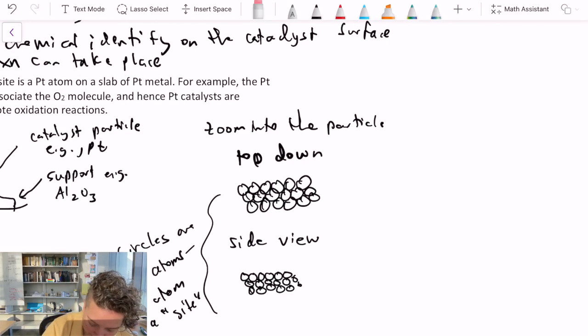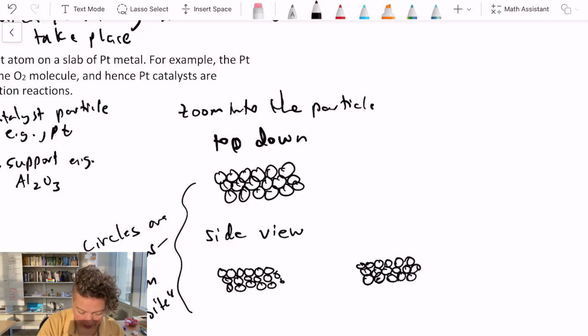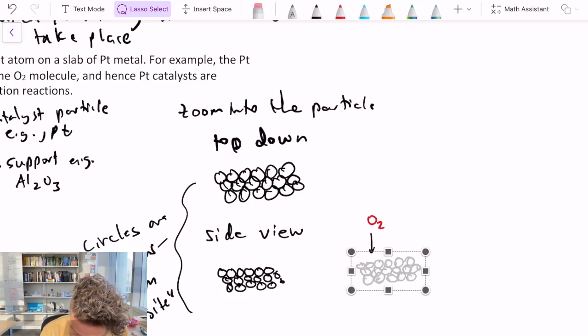So if I had the same surface here, top and side view, I am going to interact this with an oxygen molecule. So I have an oxygen molecule, and this is going to interact with the catalyst surface. Let me see if I can copy this here.